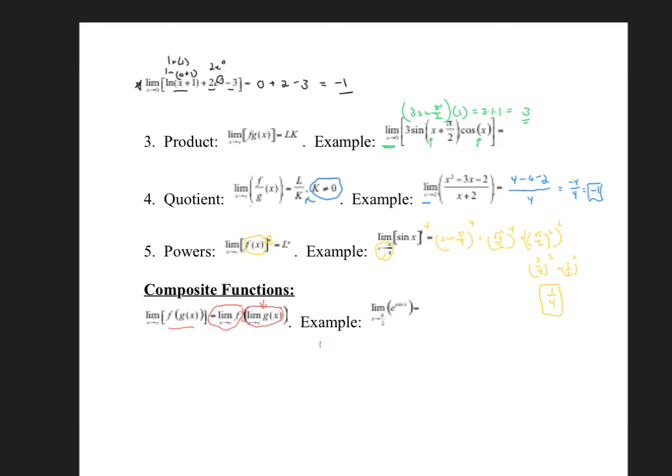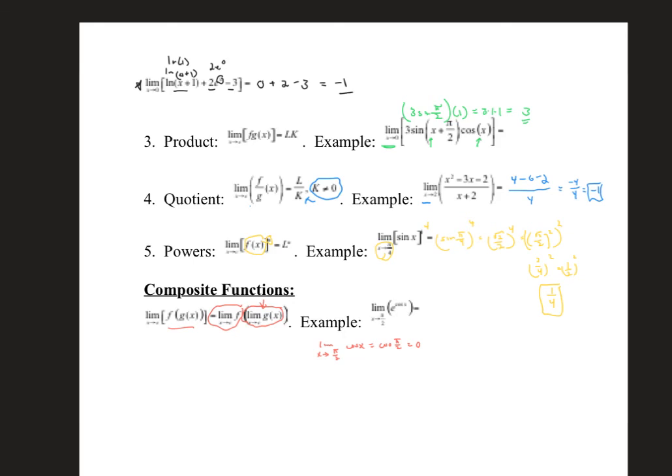First we take the limit as x goes to pi over 2 of cosine of x, the inside function, and we can just direct substitute, and cosine of pi over 2 is 0.